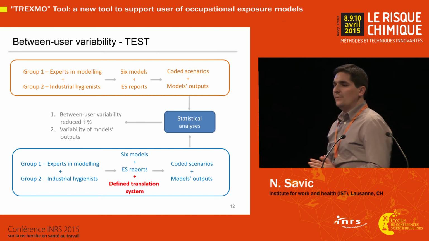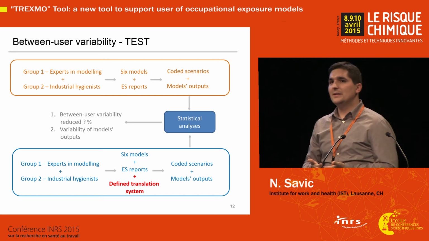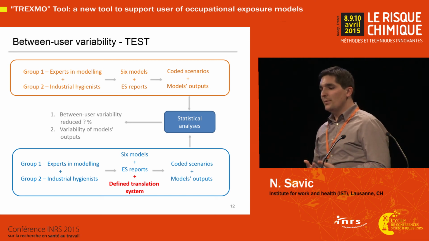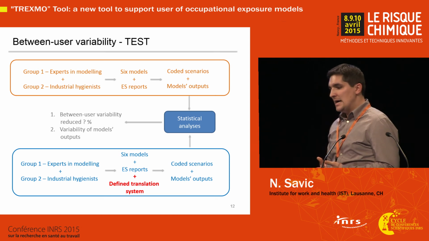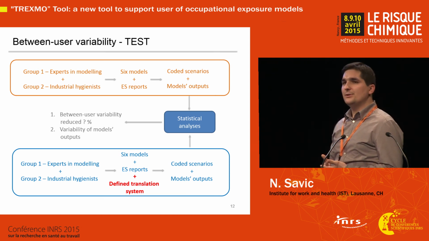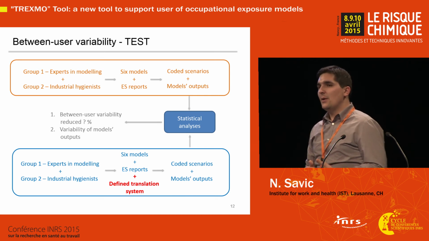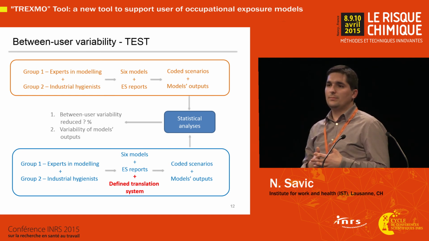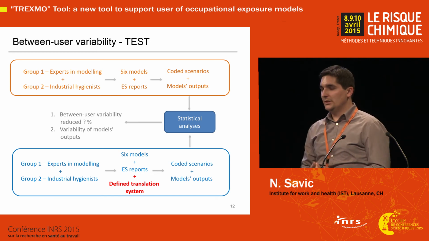All this will be used further to test between user variability when this translation system is used. We will test 2 groups of assessors, coders or users, doesn't matter. The first group will be experts in modeling, and the second group will be industrial hygienists. We will give them a couple of exposure scenario reports to code in these 6 models used in this study.